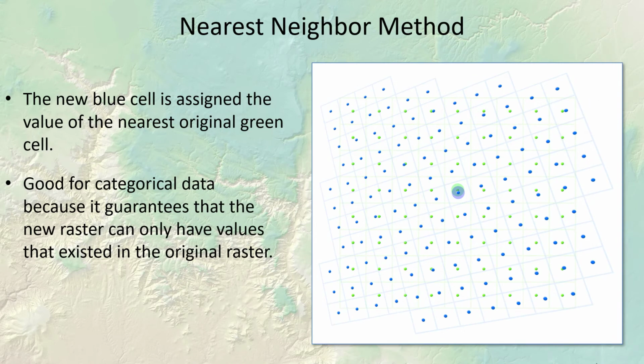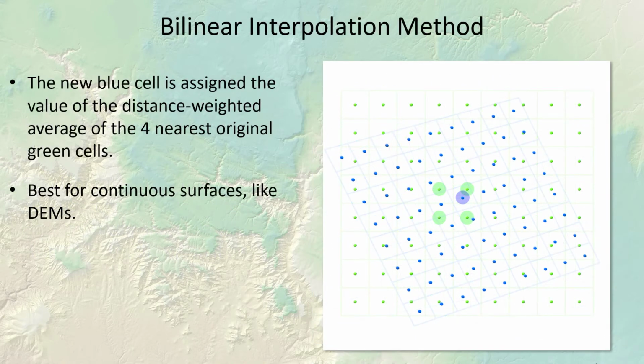Well, nearest neighbor is the simplest one. Your new cell is blue, your original cell is green, so the new blue value is just taken from the closest original green value. Pretty straightforward. The bilinear interpolation is completely different from that. It takes a 2 by 2 cell neighborhood and does an averaging function called bilinear interpolation.